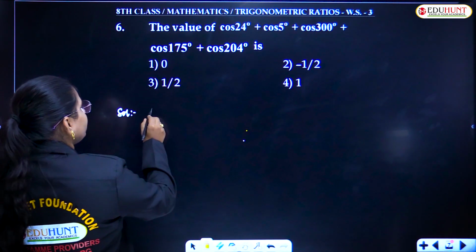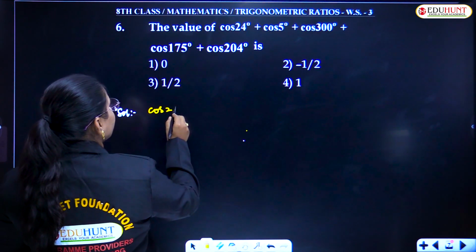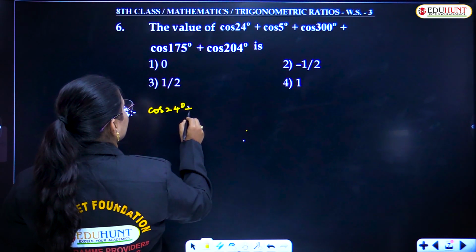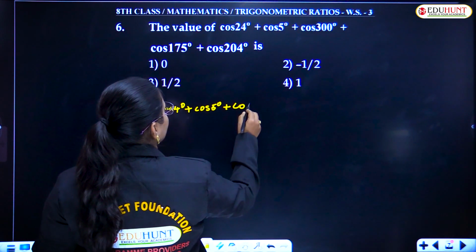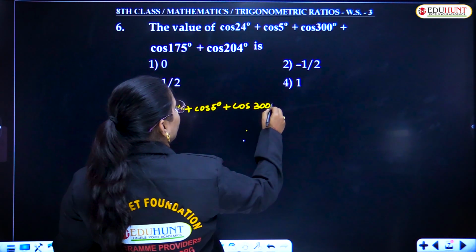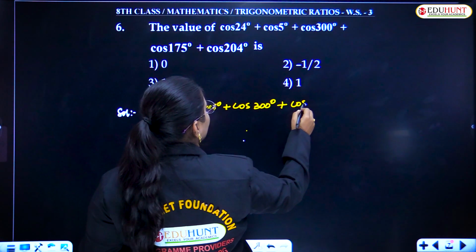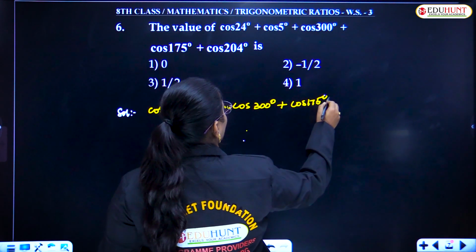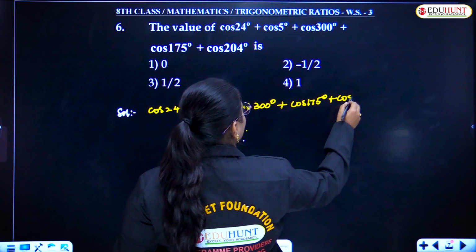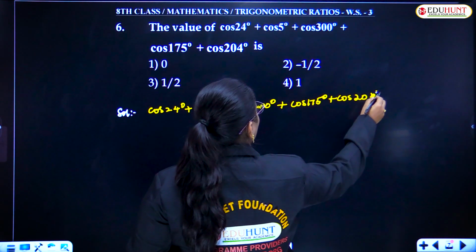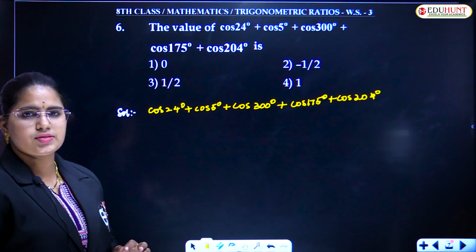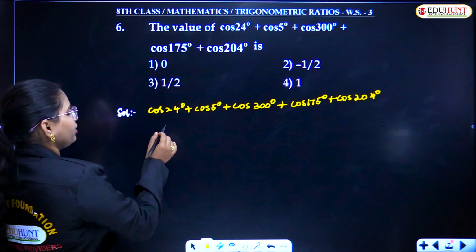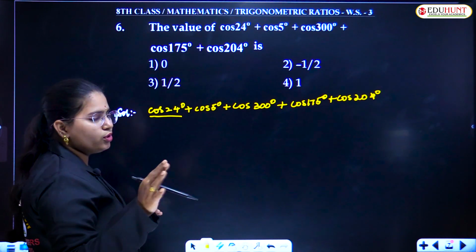What they have given is cos 24 degree plus cos 5 degree plus cos 300 degree plus cos 175 degree plus cos 204 degree.